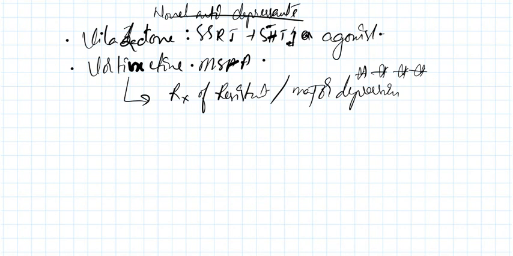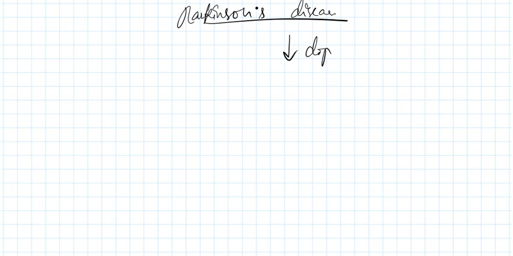Now we will discuss something about Parkinson's disease. Why is Parkinson's disease observed? It is due to a decrease in dopamine levels. Right? Now, for example, you got a new case of Parkinson's disease.